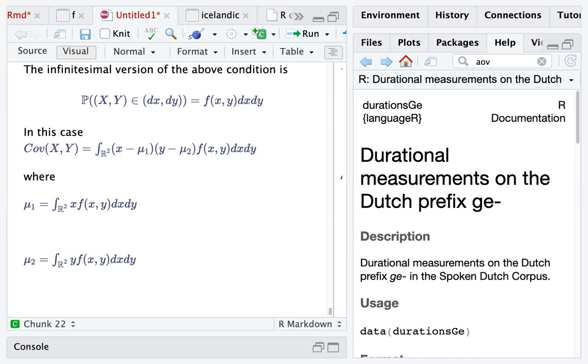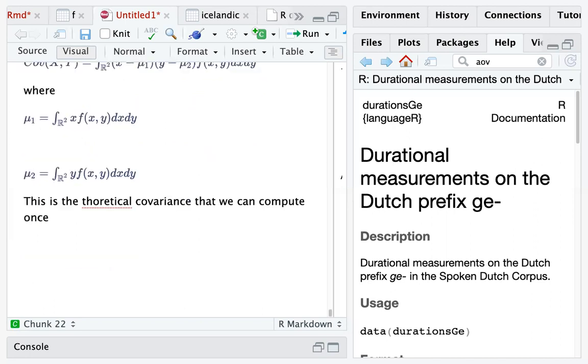So this is the theoretical covariance, that we can compute once we have the distribution of two variables. We will never compute this because we'll never have a distribution.